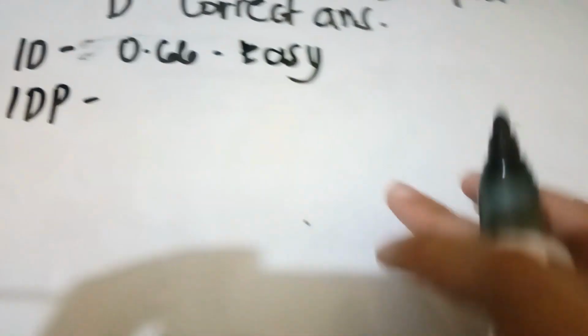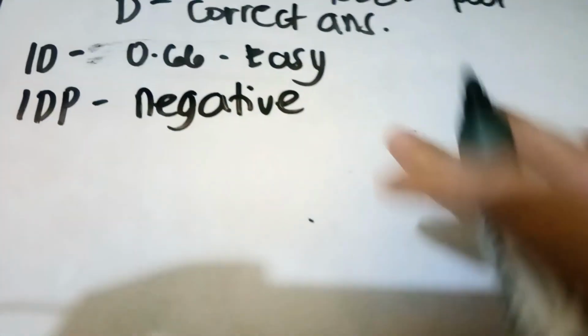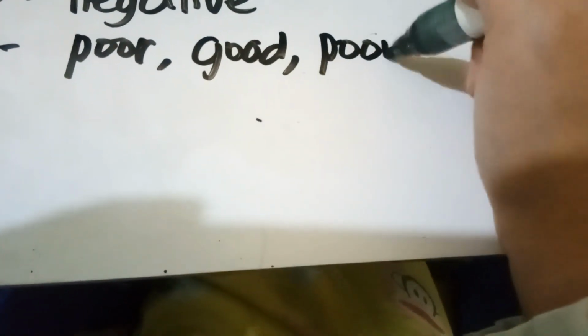Next, index of discriminating power. It was negative earlier. Let's verify: negative 0.08. And then, we have your index of effectiveness of distractors. We have poor for option A. We have good, and then poor.